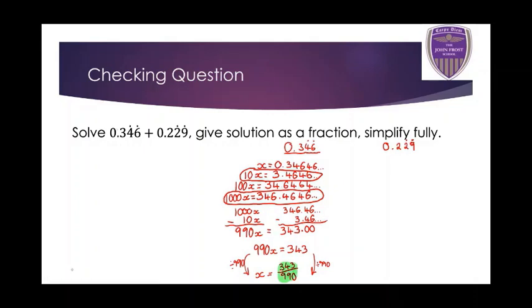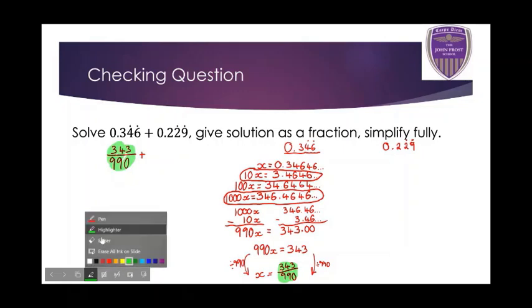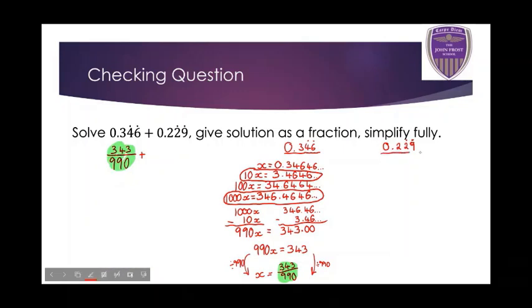So this is what we've got for 0.346 recurring: 343 over 990. We still need to find out what we're adding it to. Okay, let's just color that in. Next, we need to solve what 0.229 recurring is.